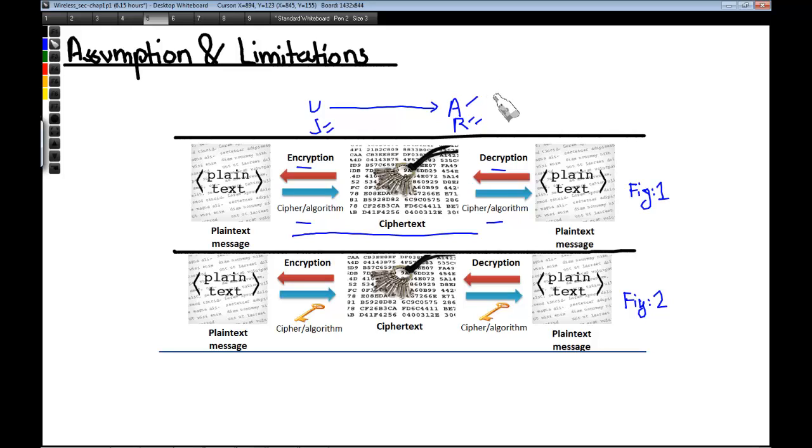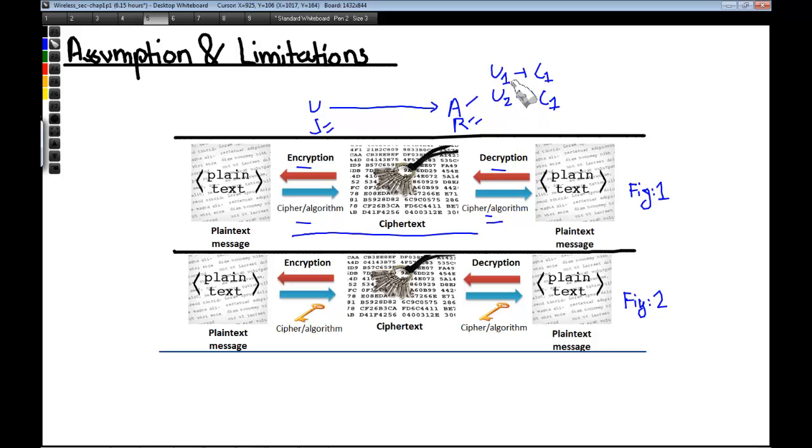If it decides to use the same cipher for many of its customers, like the first customer U1, it uses the cipher C1, and with U2 it also decides to use C1, then an intruder disguised as the user may exploit the system. So this is a really big issue.